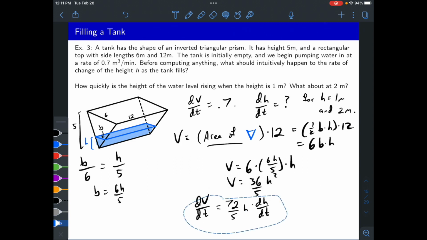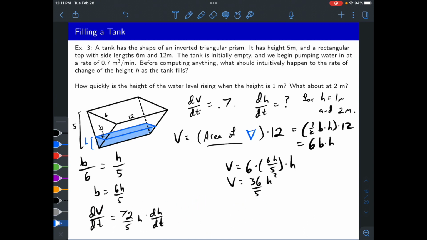And now we can use this to figure out what dh/dt is. So dh/dt, I can just divide all this stuff over to the left-hand side. dh/dt is equal to 5 over 72h times dV/dt.